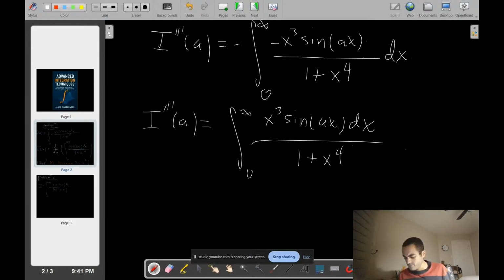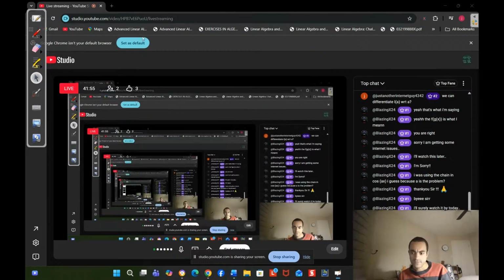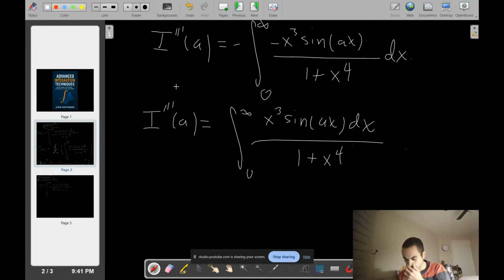How can we solve this integral of x cubed sine ax with respect to x all over 1 plus x to the 4? How do we do that? If anybody knows. Let's see if anyone knows. How are we going to integrate this?